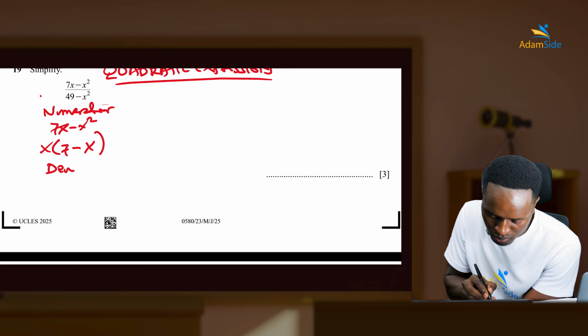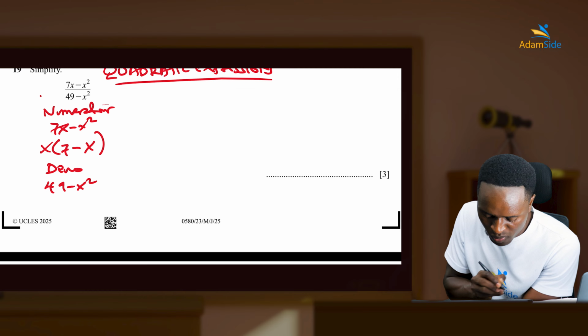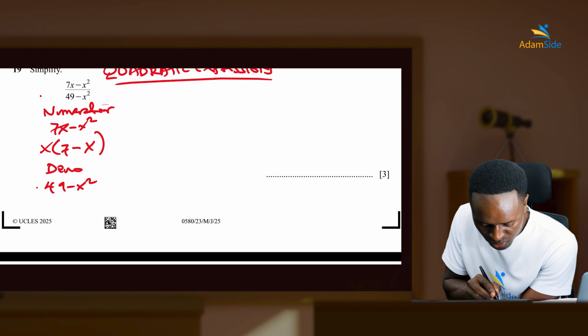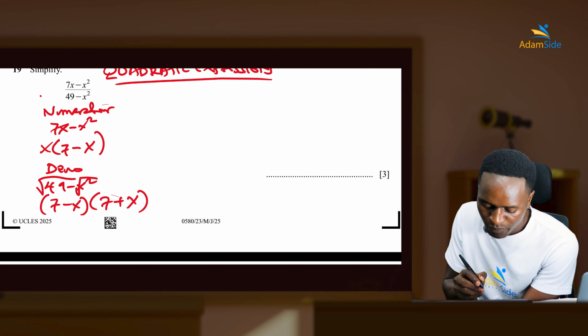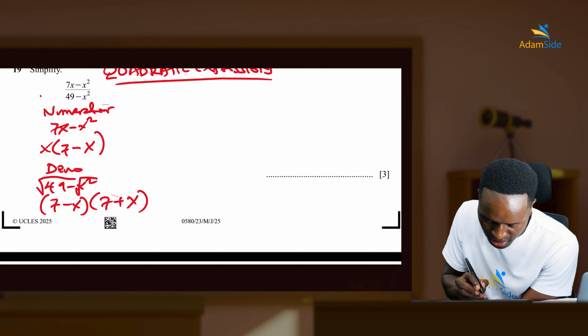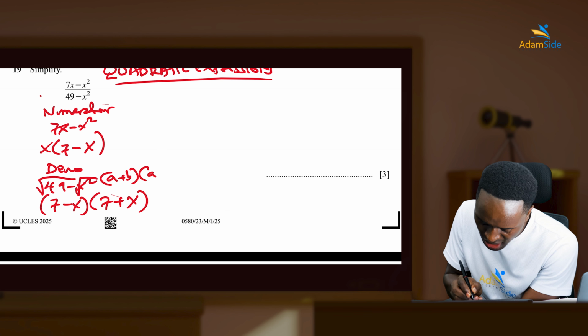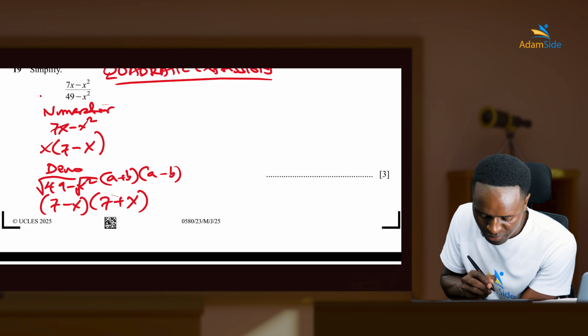At the denominator, which is the bottom, we have 49 minus x squared. Here you can factorize and you get 7 minus x times 7 plus x. Remember, difference of two squares can be a plus b times a minus b. You get these two expressions the same.